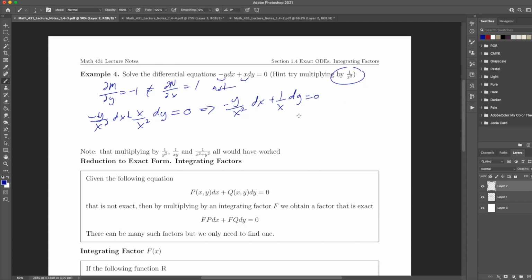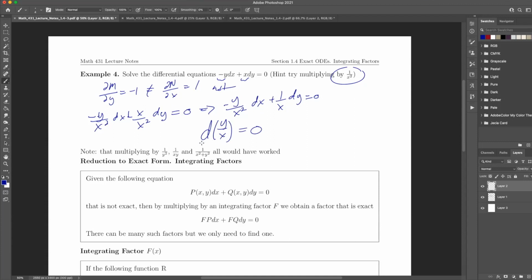And notice here, this is the total differentiation of the following: d of y over x. So here I can put this back together and do a total differentiation.